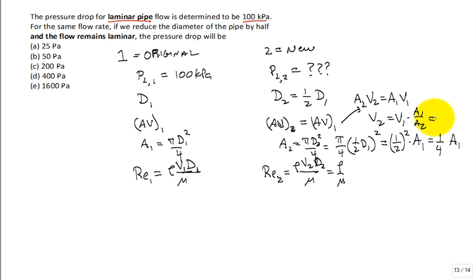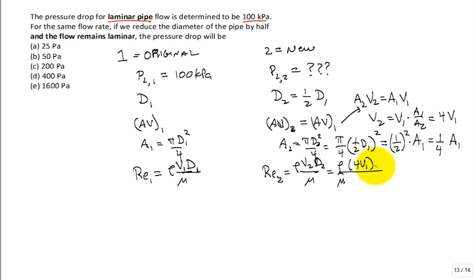The ratio is equal to 4V1. Pause, you think about it. For the new case, I went smaller diameter, and now the flow is 4 times faster. Is that correct? Is V2, the new flow speed, 4 times faster than V1? Good. So what we do for V2, we put in 4V1 there.